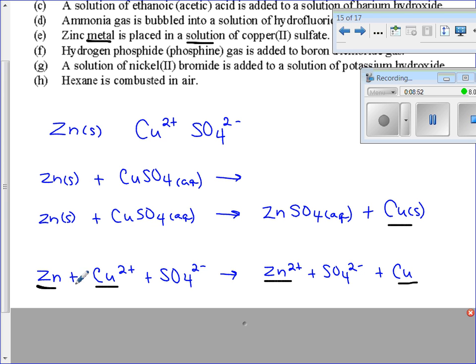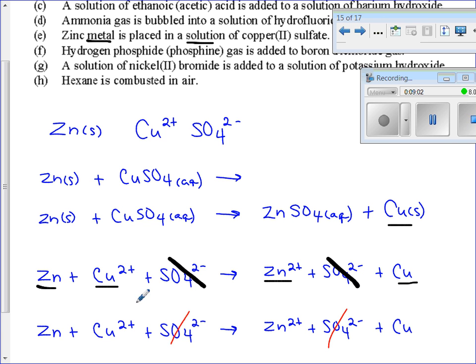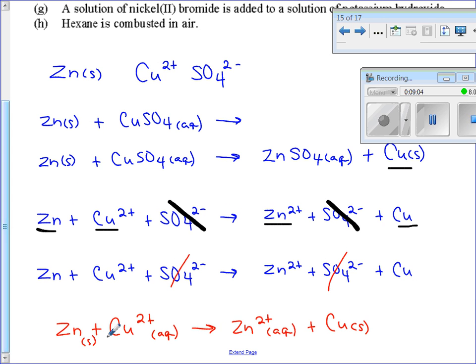So you can't cancel any zinc or copper out, but the sulfates are the same on both sides, so you can cancel those out. And so your final net ionic equation would be the red here. So you've got zinc solid metal plus copper ions yields zinc ions plus copper metal. Okay?